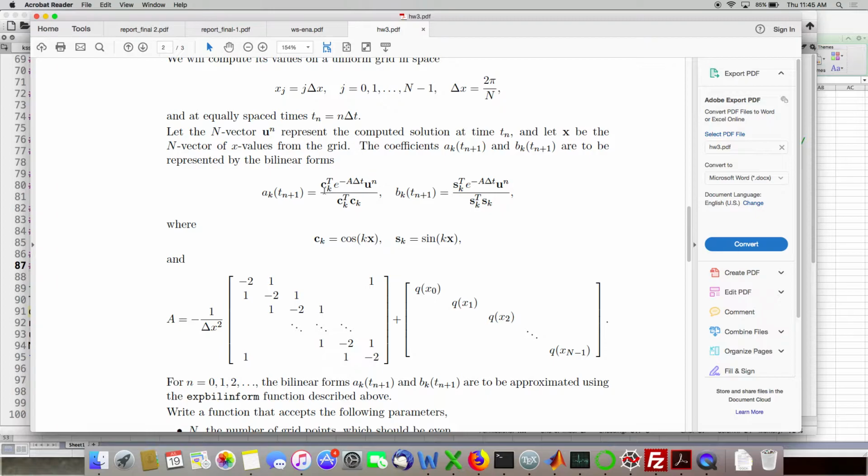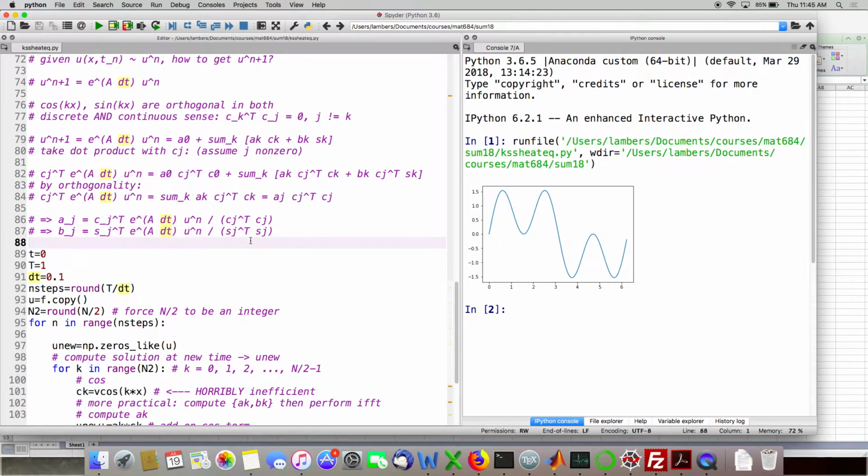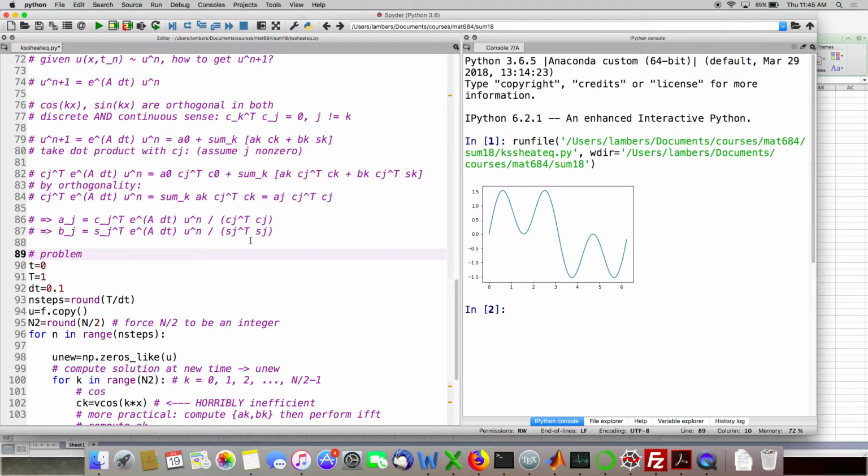So now the idea is to compute these. But here's a problem. If we try to compute these exactly, that's prohibitively expensive.